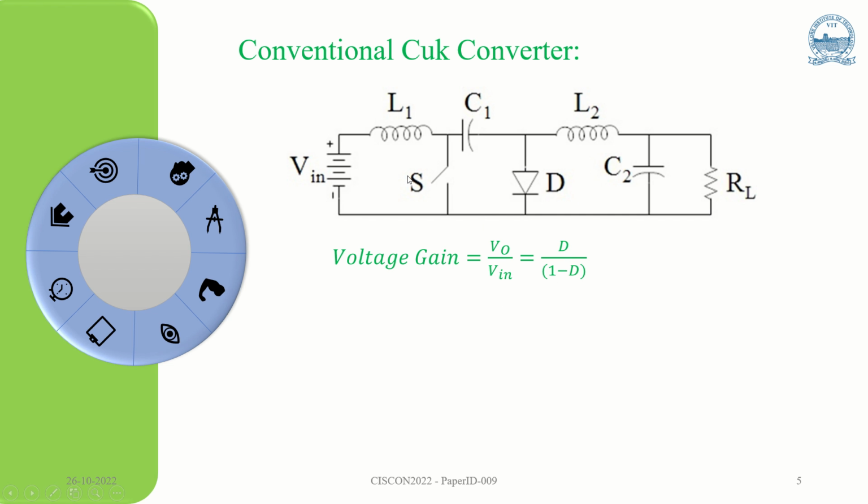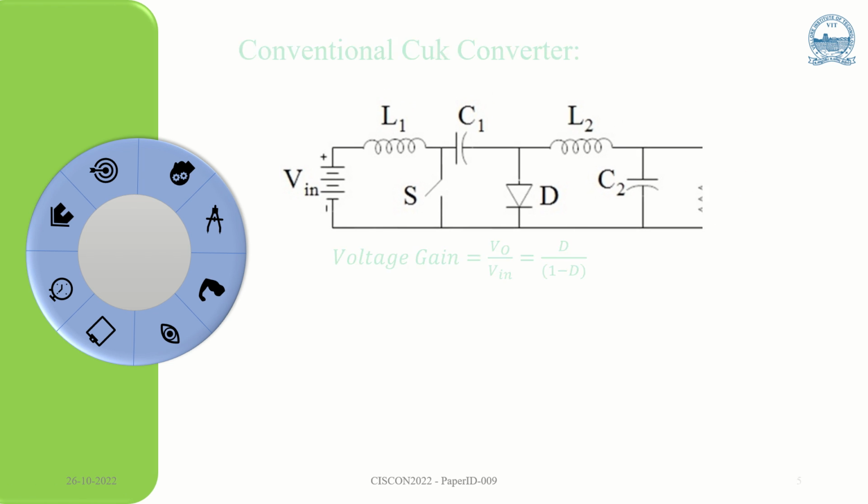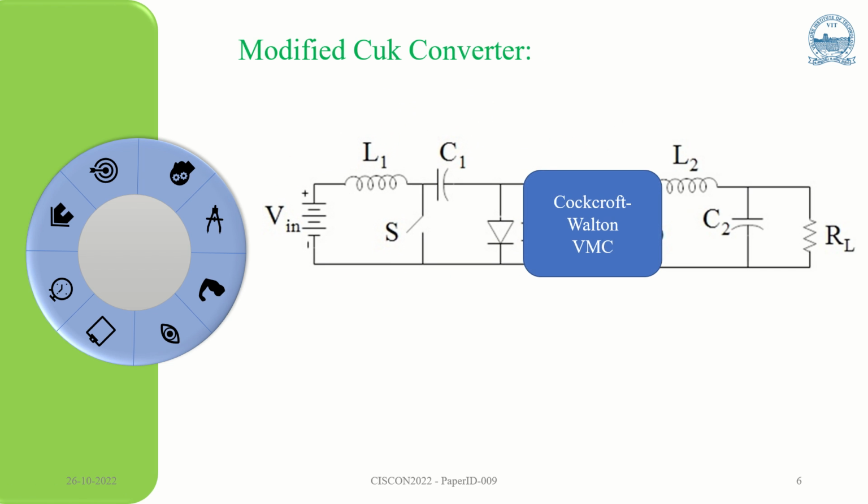Now in this case we are going to provide the modification by introducing a Cockcroft-Walton voltage multiplier circuit in the conventional Cuk converter. Here L1, C1, S, D form the Cuk converter, and on the output side I am separating this filter stage L2 and C2 to reduce the ripples, and in between I am using the voltage multiplier cells.